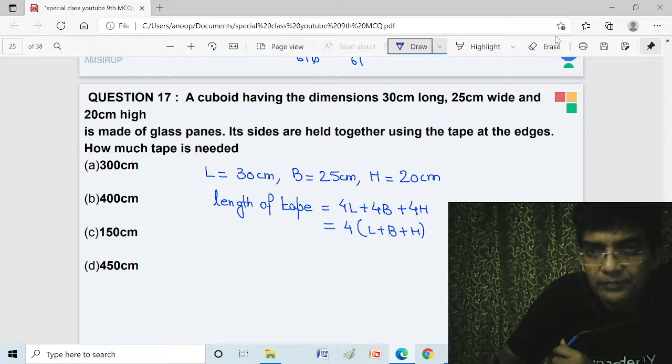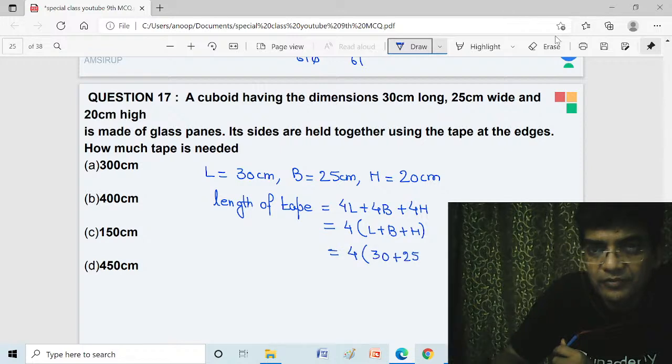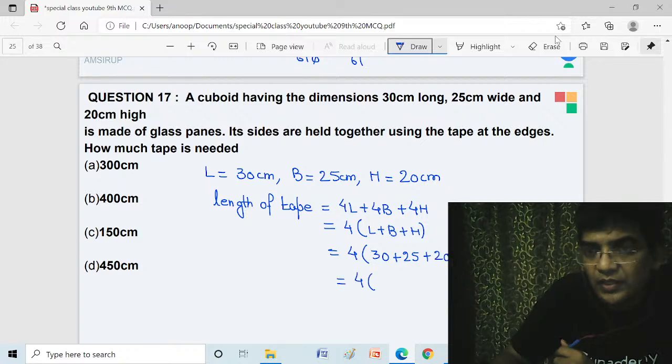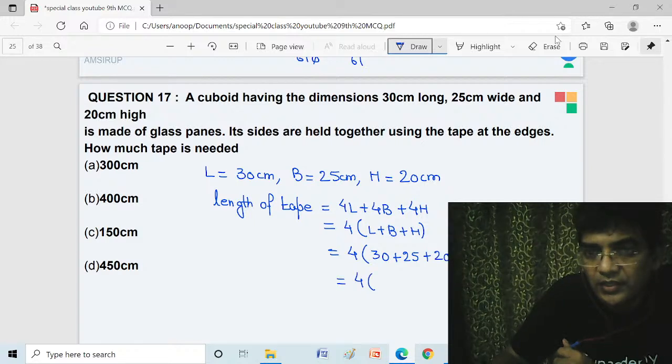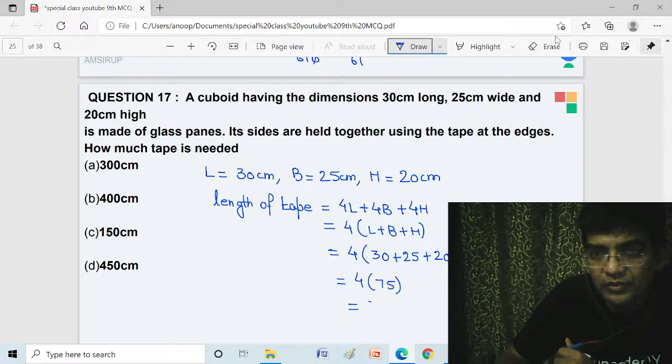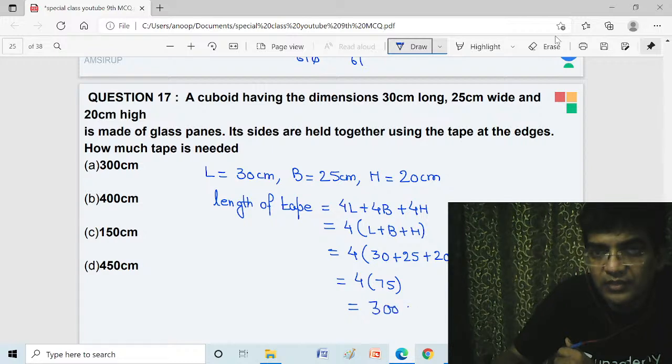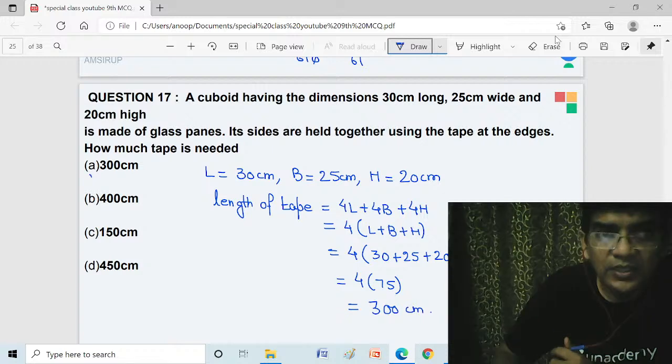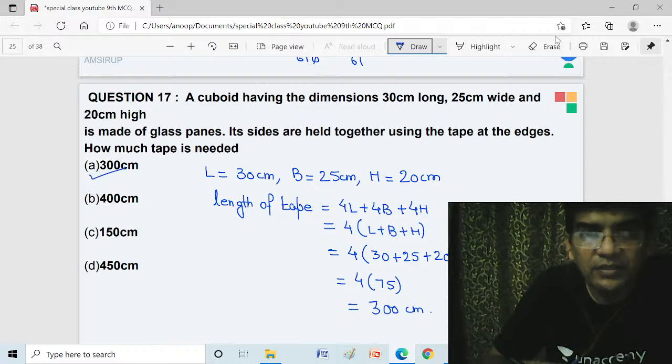So length is 30, breadth is 25, height is 20. This is 4 into, now this will give you 30 and 25, 55, and 20, 75. So 75 into 4. So that makes it 300 centimeter of tape in length will be required. So our answer will be 300. See, is this clear to you?